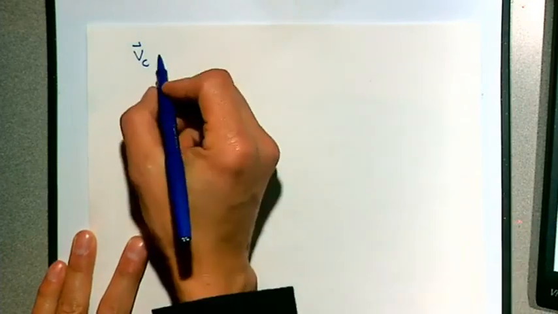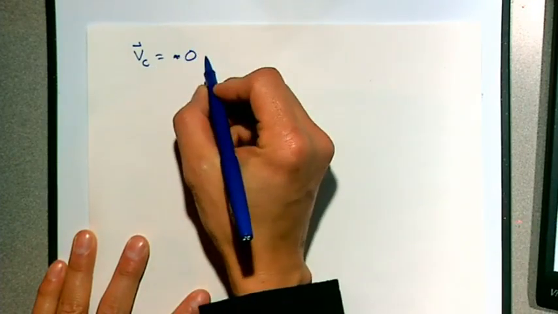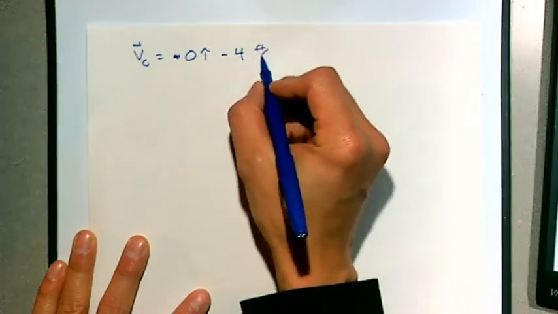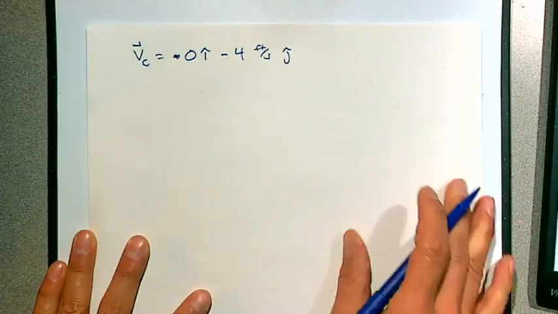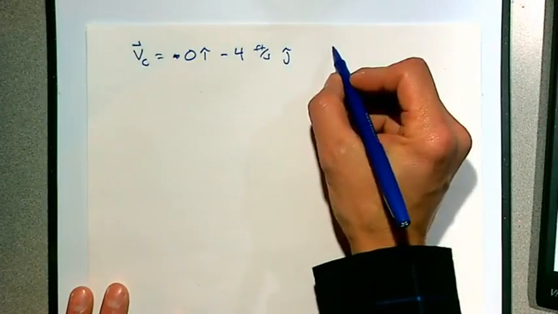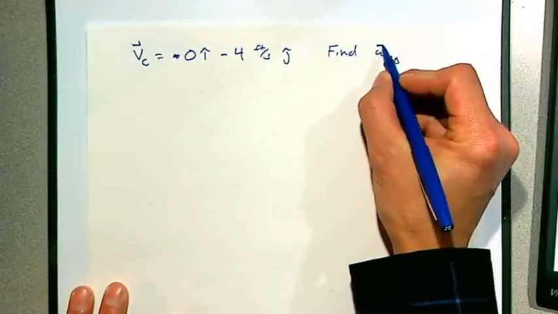So we're given the velocity of C. I'll write it this way: 0 in the I direction minus 4 feet per second in the J. That's all we know. We want to find omega AB.